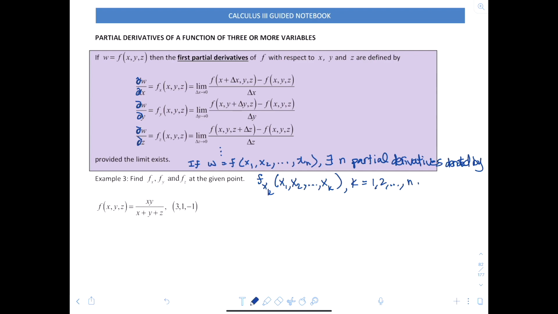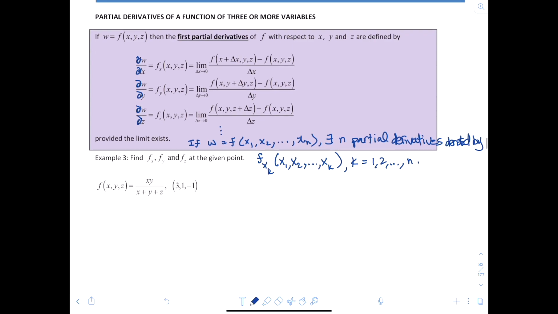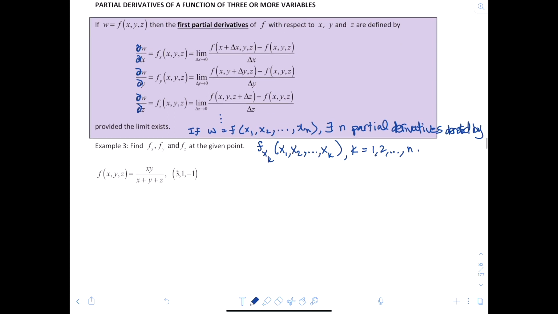So you would just keep going on in that manner until you had found all of the n partial derivatives.